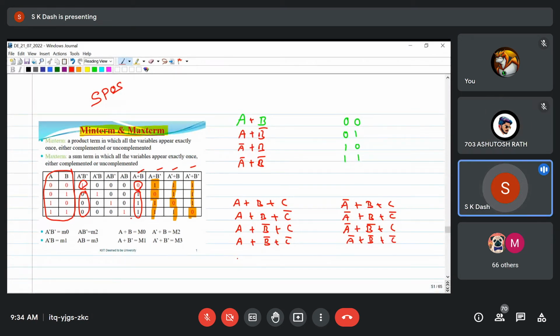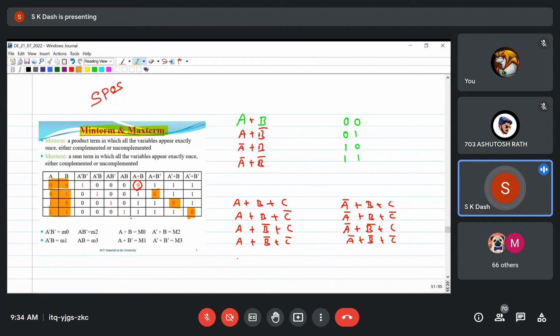Precisely here, each sum term is 0 for one particular combination.